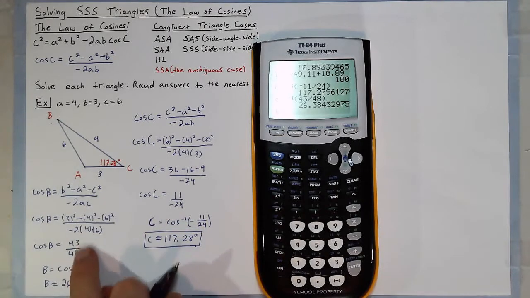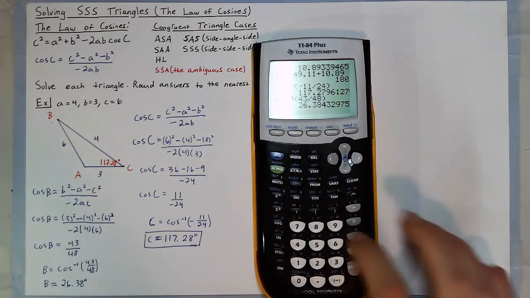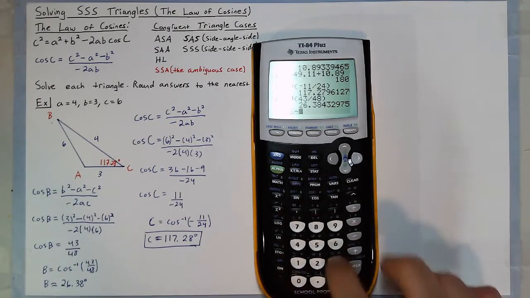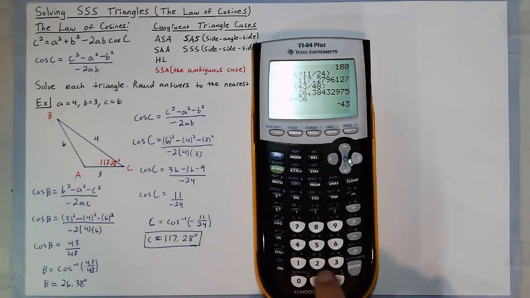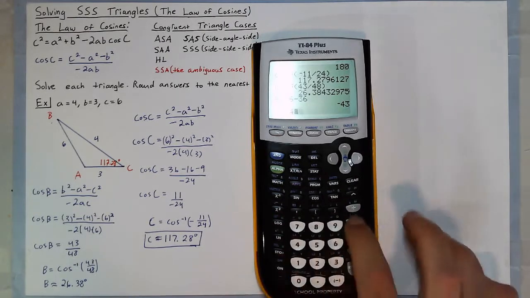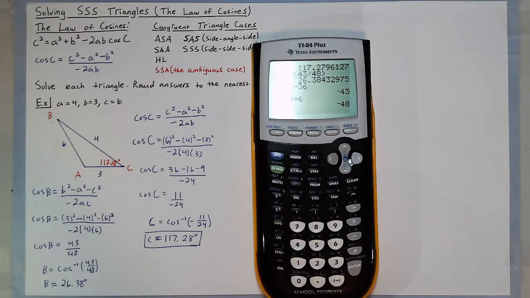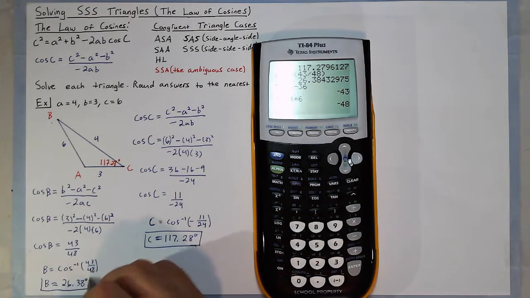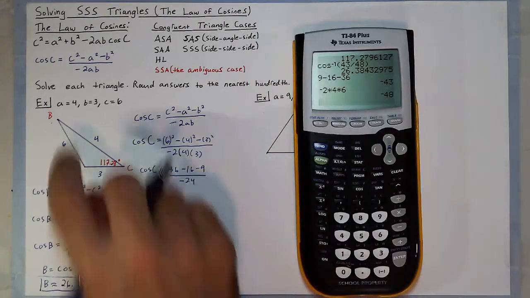And in case you don't believe me on the fraction there, if I did 9 minus 16 minus 36, you get negative 43 over negative 2 times 4 times 6, negative 48. And you get 26.38 degrees.